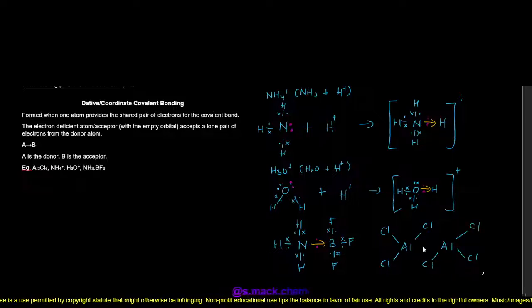So these are our 2 AlCl3 molecules, which will bond to each other at room temperature to give us Al2Cl6.